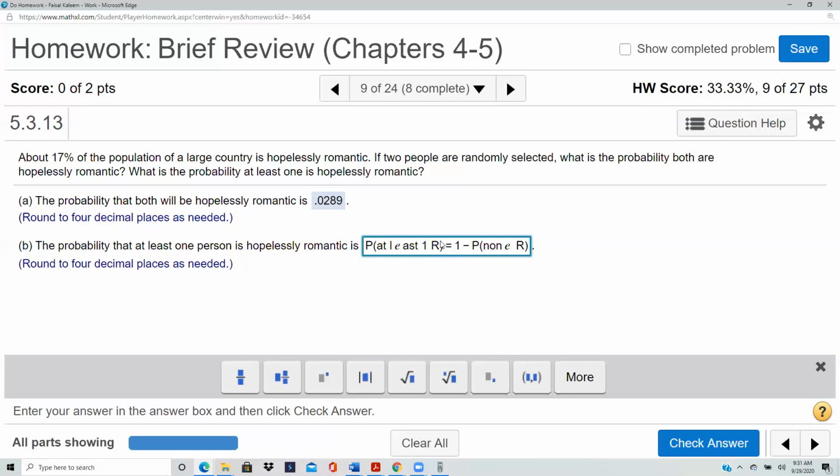At least one of something is equal to 1 minus probability none of that. Equals 1 minus. So now I want none of them to be romantic. So if the probability of being romantic is 17%, what's the probability of not being romantic?